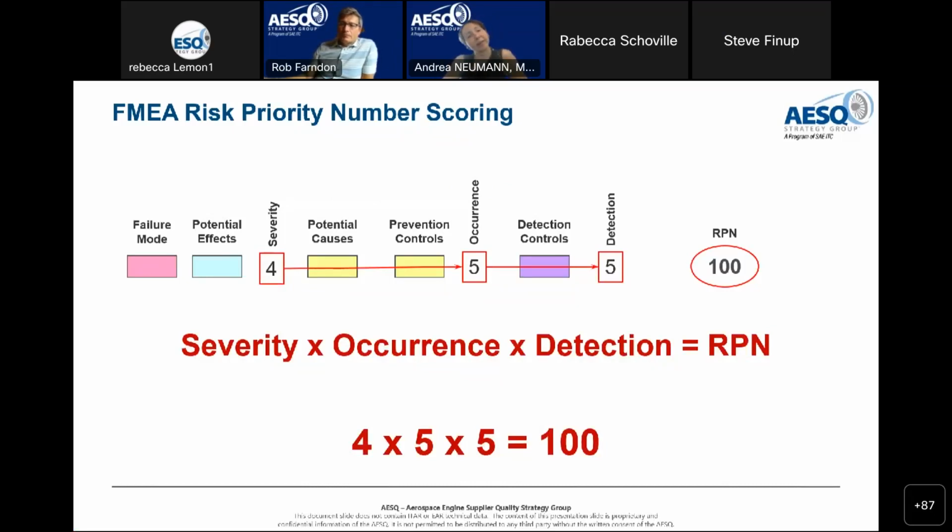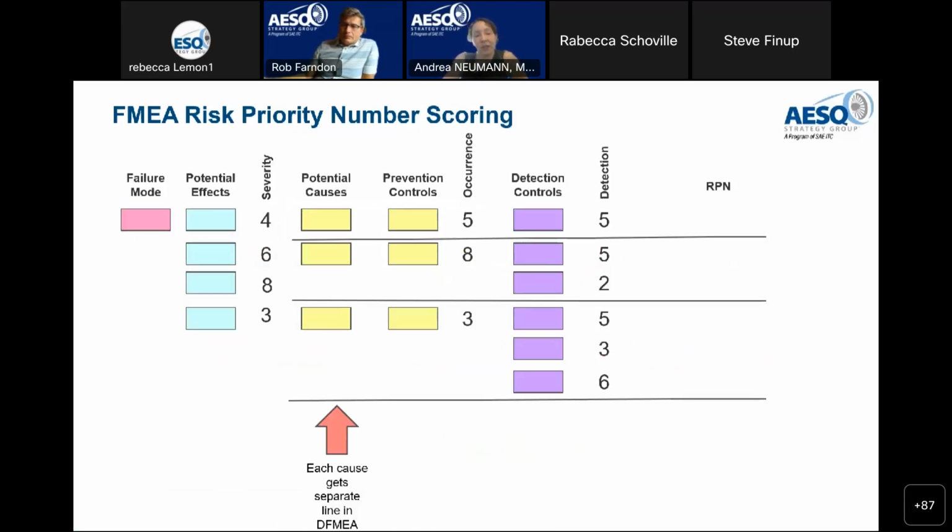But when we go on to the next slide, when you have several rows with different occurrences, it's always the question, which number should you take? So each cause gets a separate line, as we discussed before, and we also named several effects.